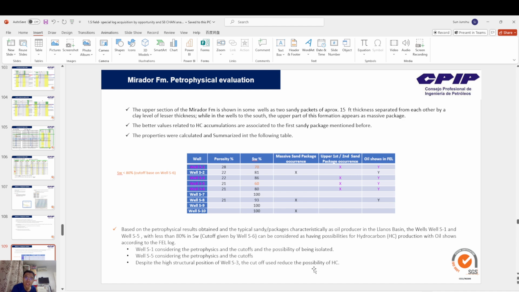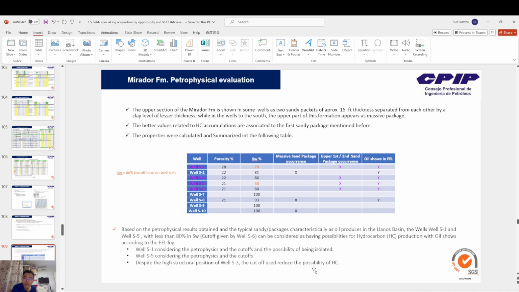S6 porosity 21%, water saturation 80%. S7 100% water. S8 porosity 21% with water saturation 93%. S9 and S10 100% water.